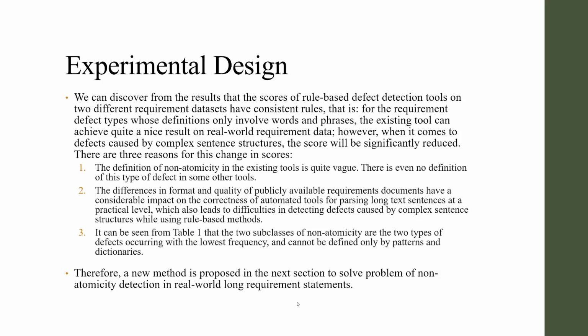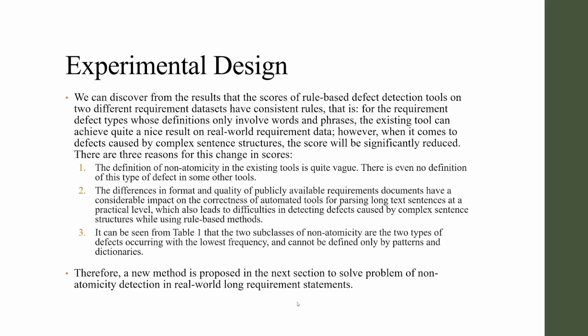We can discover from the result that the scores of rule-based defect detection tools on different requirement datasets have consistent rules. That is, for the requirement defect types whose definition only involves words and phrases, existing tools can achieve quite a nice result on real-world requirement data.